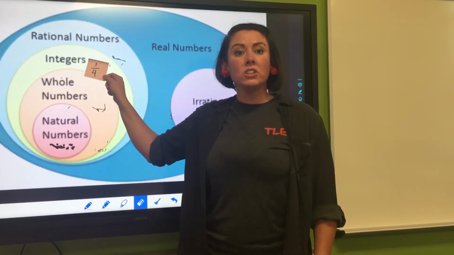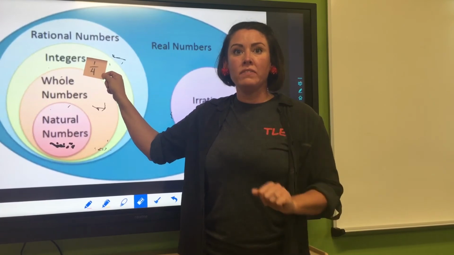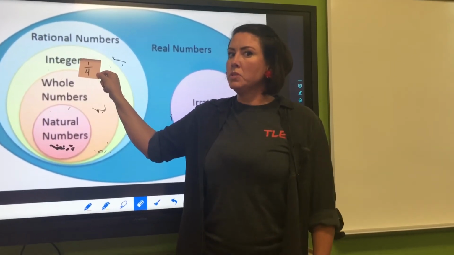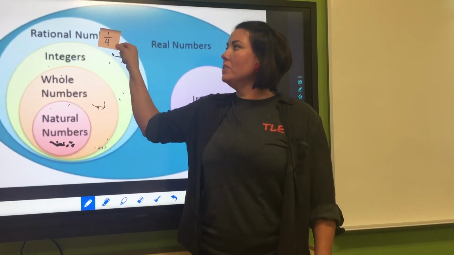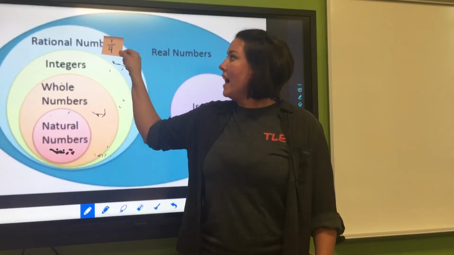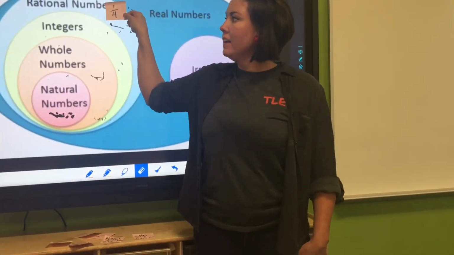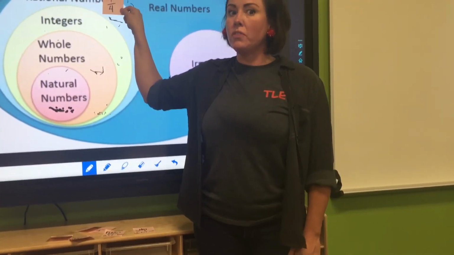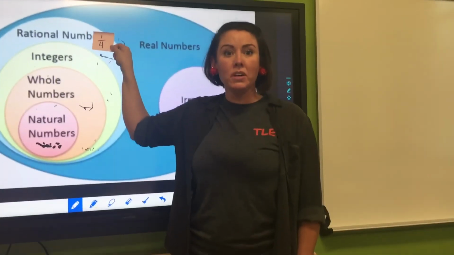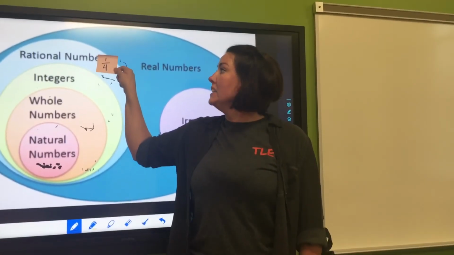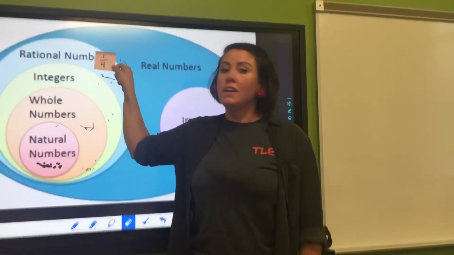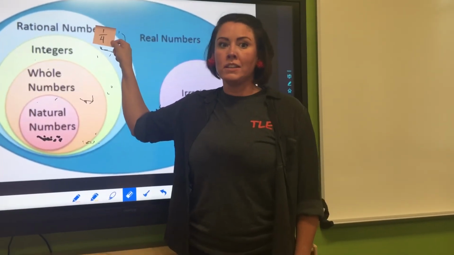No, because integers are positive and negative numbers, including 0, but not fractions, decimals, and percents. So I go all the way out to the last circle. That is the only category that 1/4 belongs to. So if I were to ask you to classify this number, you would say that 1/4 is only a rational number. It is not an integer, not a whole number, and not a natural number.